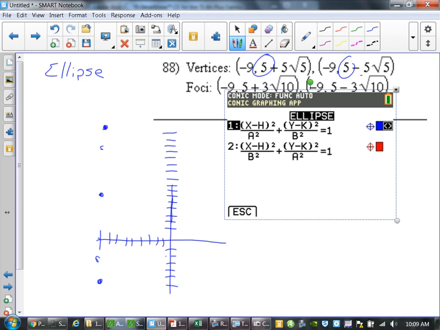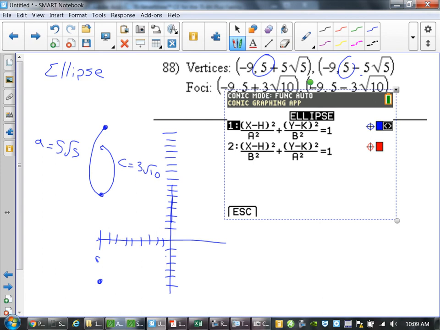So here, I know that the distance from the center to my vertex is 5 root 5, which is A. The distance from the center to C is 3 root 10. I know that because that's what I added and subtracted from 5. Convenient how it writes it like that.